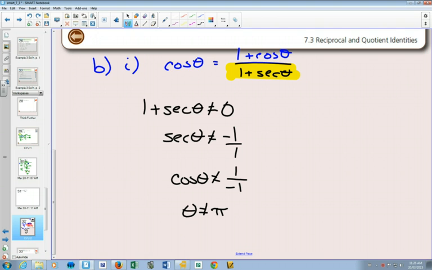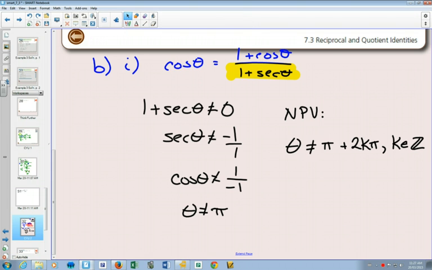Now, as far as your final solution, the non-permissible value then, theta can't equal pi, and then we have to list all the coterminal ones with that. So those are our non-permissible values. And now I'll give you some time to try to prove those two.